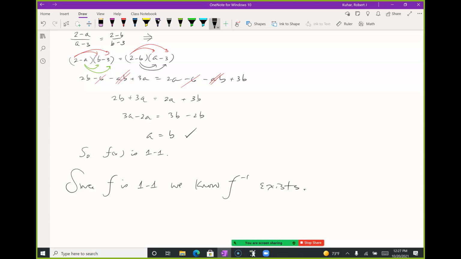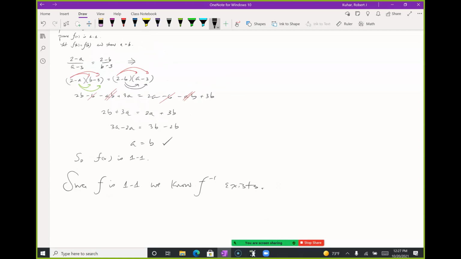I can now find the inverse function. Sometimes it's not easy to find the inverse function, and you'll see sometimes the inverse functions will give us a little bit of grief in Calc 1. But we need them. We need to be able to drive forward and backward.